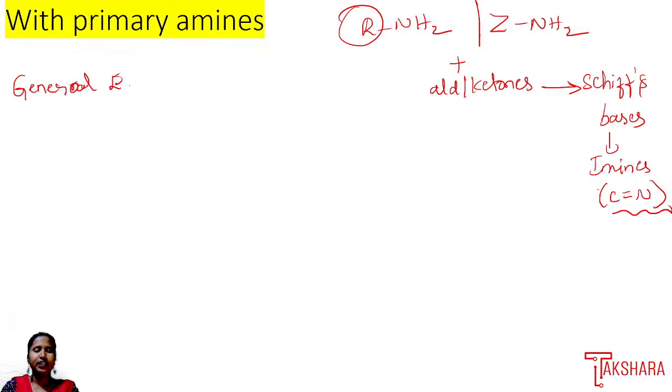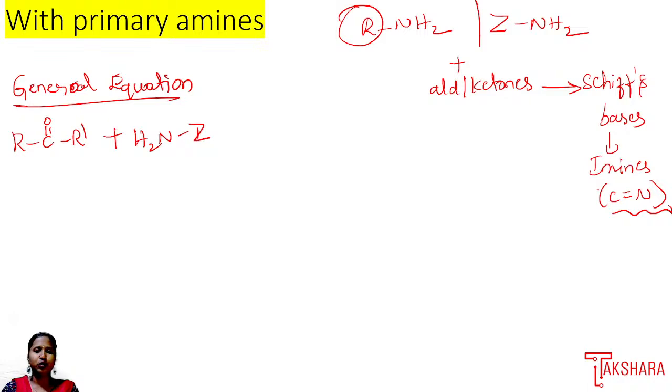Let us take the general reaction or equation. First let us consider the ketone: RC double bond O R dash is treated with a primary amine, that is plus NH2Z, or let us take RNH2. So this is a primary amine.